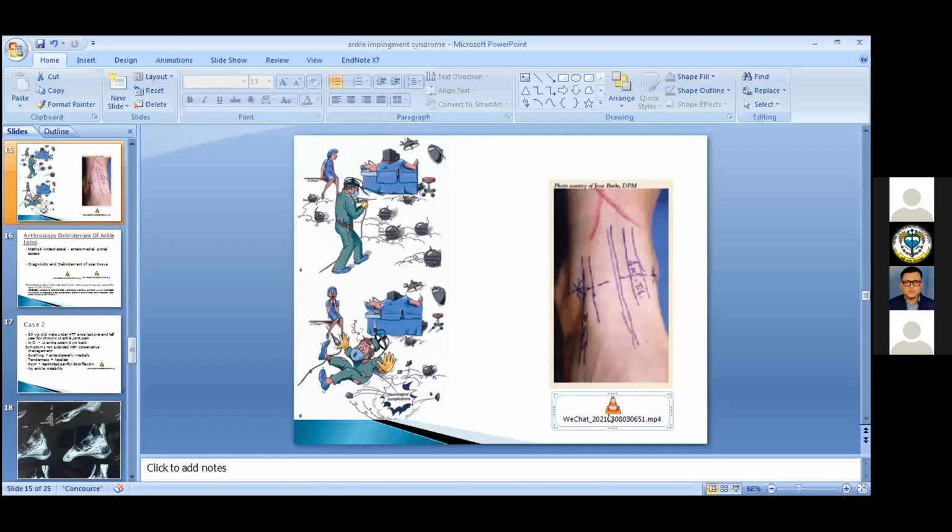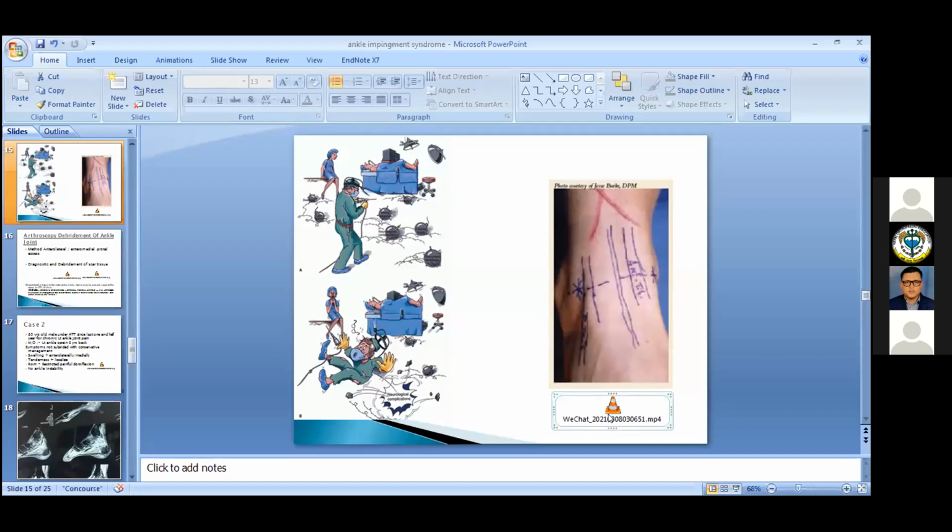for the patient. I'm making the anterior medial portal just medial to the anterior tibial tendon, and 1 centimeter lateral from the malleolus.